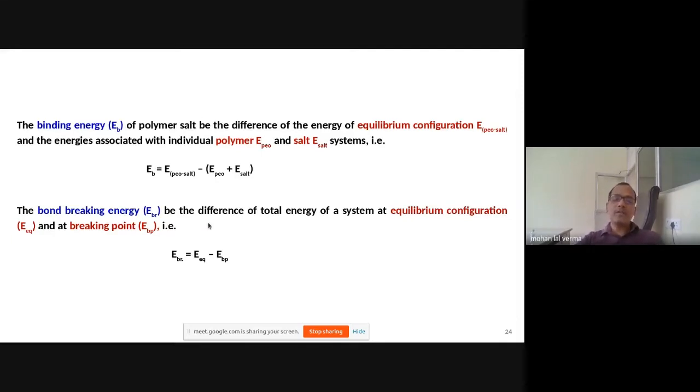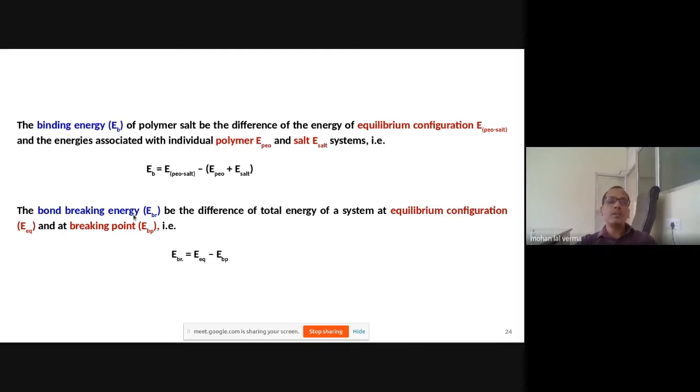And for the first time, we have studied the mechanical properties of this polymer chain using DFT-based theory. This is the beauty of DFT: we can play with each and every atom of our system.